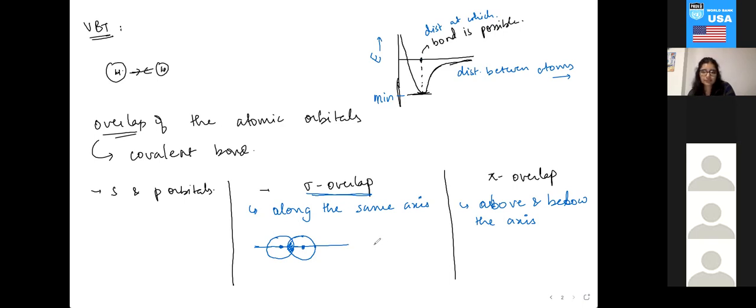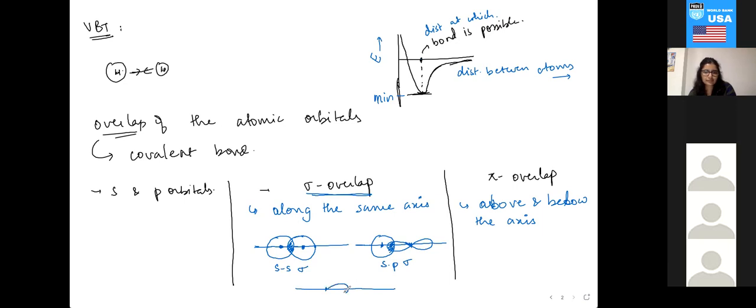Same is the case when p orbitals overlap also. The s orbital is spherical, it's uniform in every direction. The nucleus of the other one is also in the same line, and the overlap is also happening in the same line. So nucleus 1, nucleus 2, and overlap, if all of them are along the same line, that's a sigma overlap. So this is SS sigma. This is SP sigma. Similarly, you can have a PP sigma also.